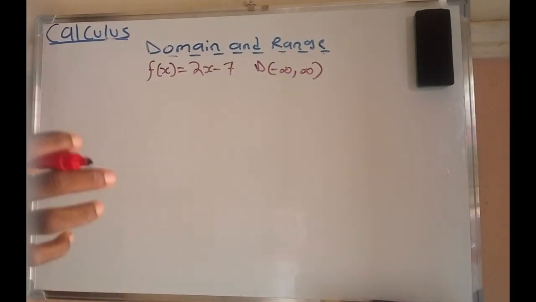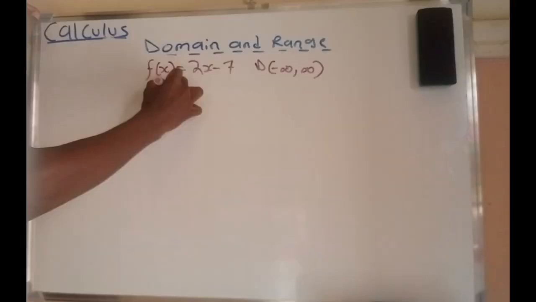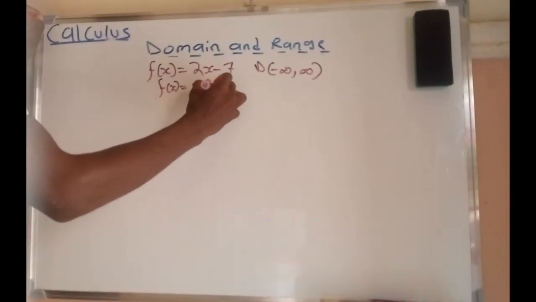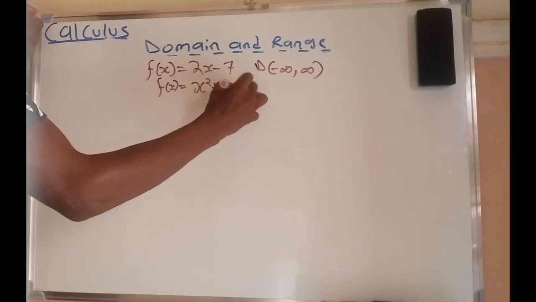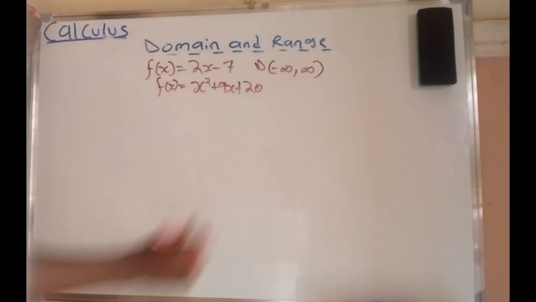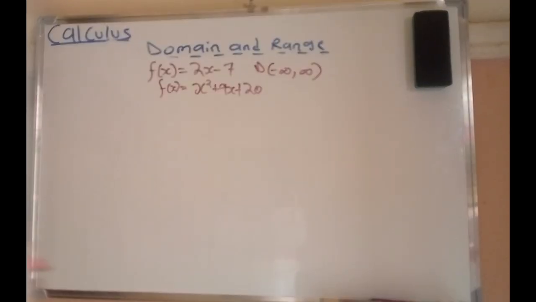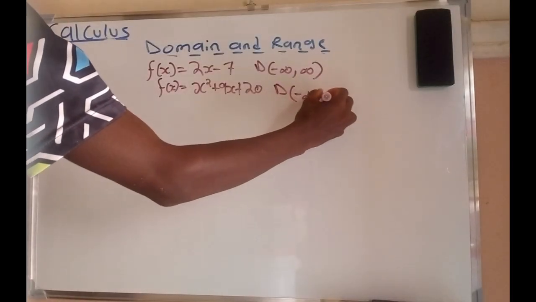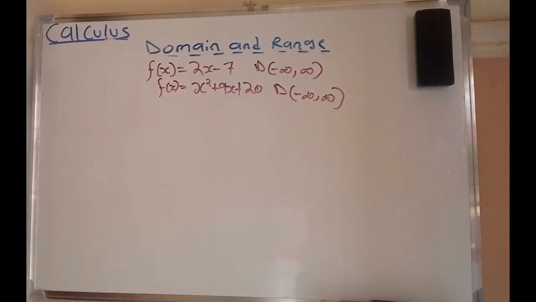For the sake of quadratic functions, let's say we have f of x equals x squared plus 9x plus 20. Also, the domain of this function will be negative infinity, comma, positive infinity.